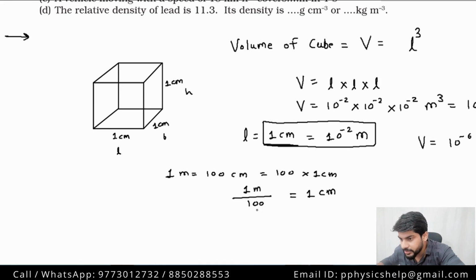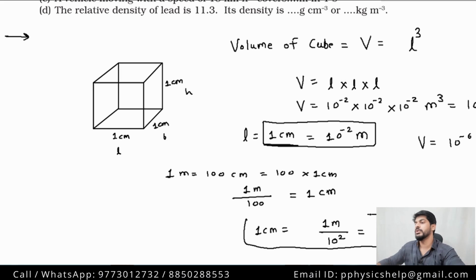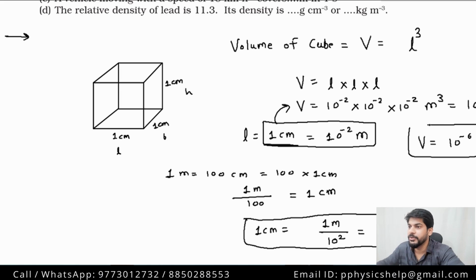Now we can also write this as 1 centimeter is equal to 1 meter upon 100. 100 is 10 raised to 2, and when you take it up, it will be 10 raised to minus 2 meters. So 1 centimeter is equal to 10 raised to minus 2 meters. That is our answer. So that's what we have done here, and that is the volume which they have asked over here.